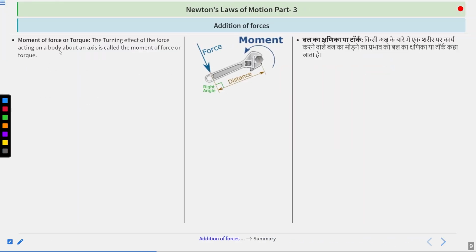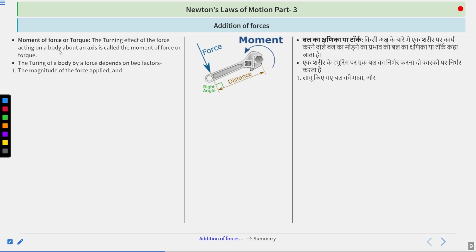Now, what is the moment of force, which we often call torque? The turning effect of the force acting on a body about an axis is called the moment of force or torque. The turning of a body by a force depends on two factors.